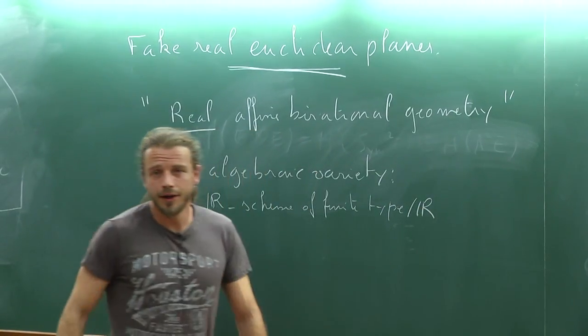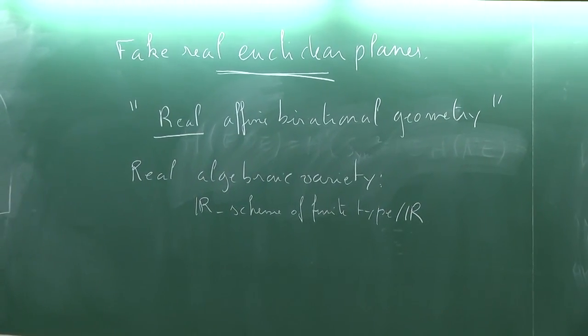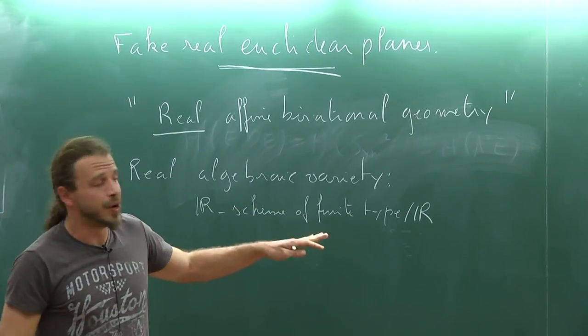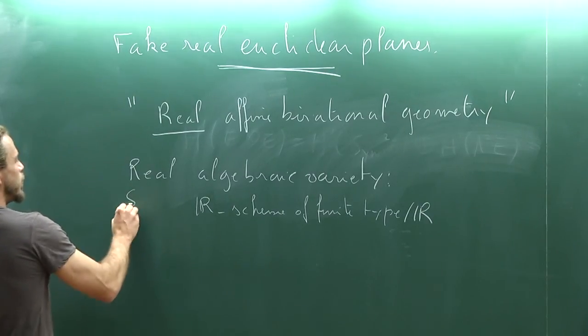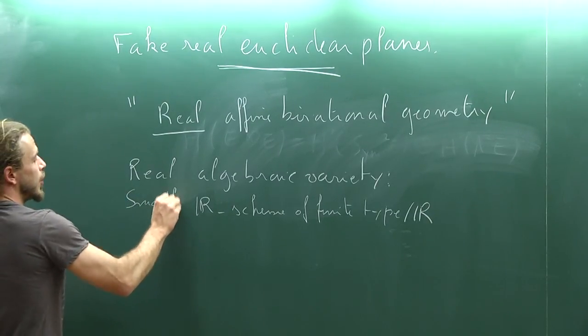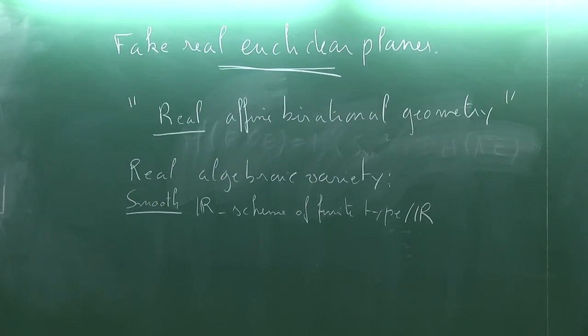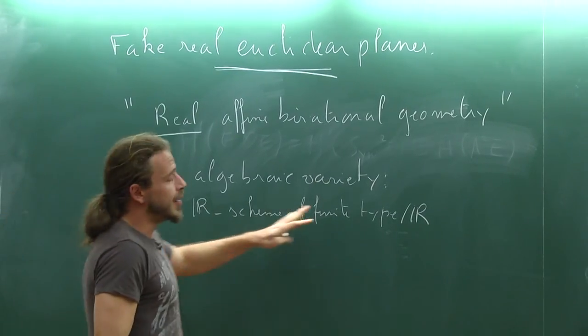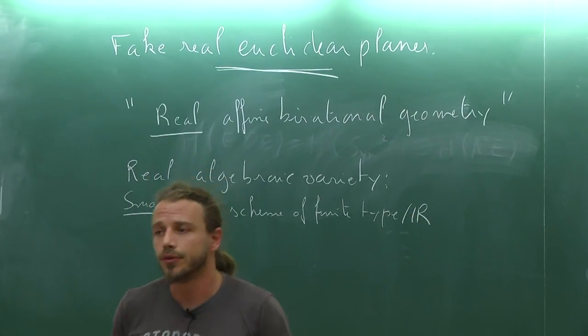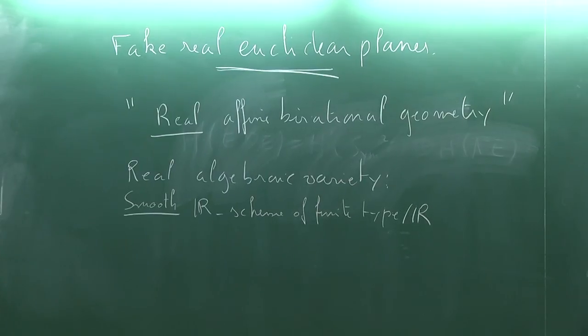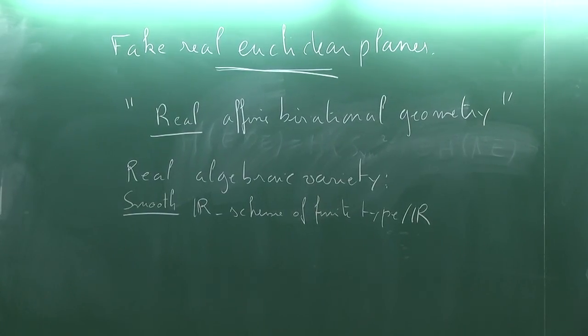And if you want to see this in more concrete terms, say, okay, for the whole talk, everything will be about smooth schemes. You can just say it's some kind of smooth C-infinity manifold which can locally be defined as the vanishing of a finite collection of polynomials with real coefficients.